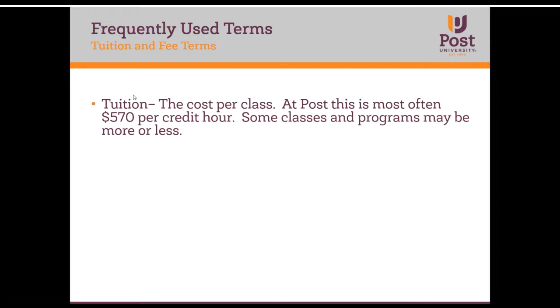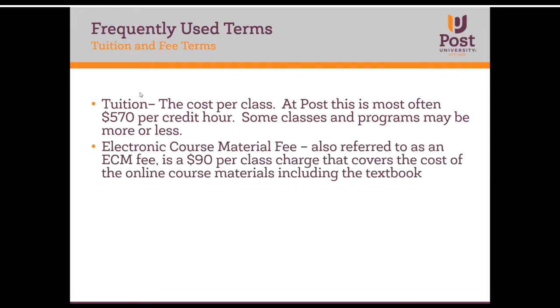So for a 3-credit class, you'd be paying $1,710 for that class. Again, we're using the average for this. Your particular situation might be a little bit different, and that's when you have a discussion with your financial aid advisor.